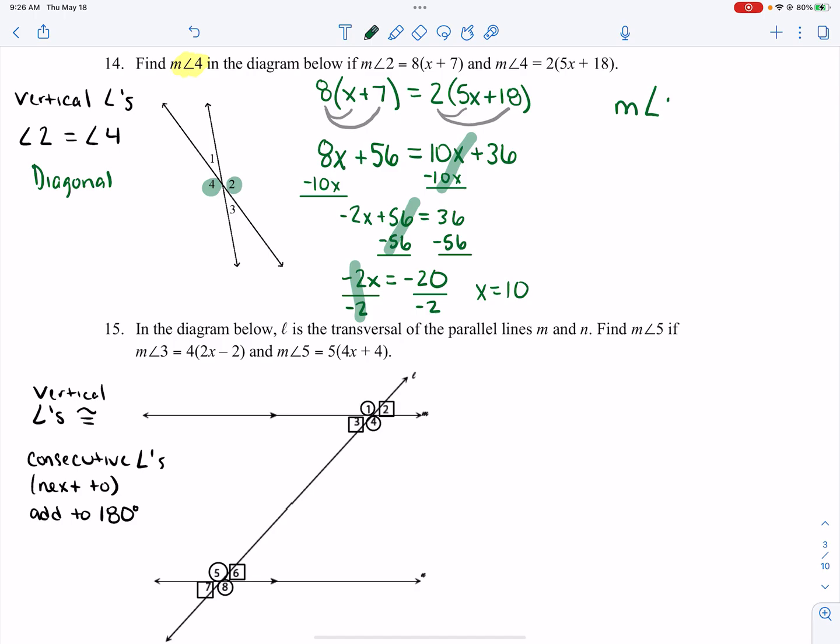But again, they asked for the measure of angle 4, which is equal to 2 times 5x plus 18. So I've got to plug in the 10. So 2 times 5 times 10 plus 18, close my parentheses. So I can put this whole thing into my calculator.